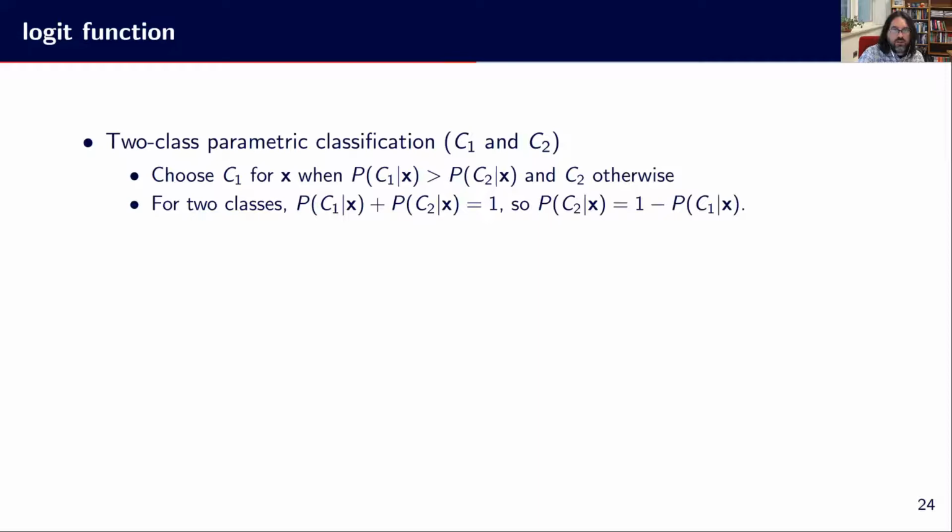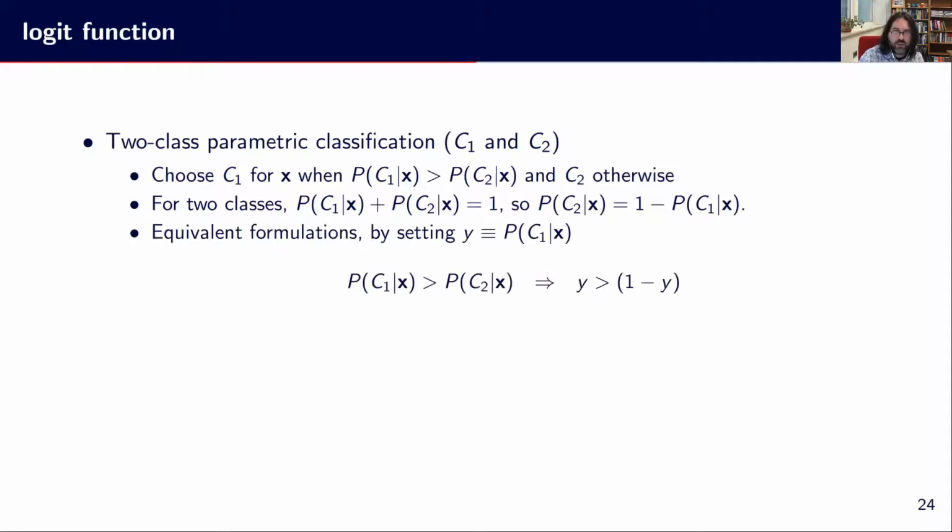So knowing that necessarily for two classes, P of C1 given X plus P of C2 given X is equal to 1, we can get P of C2 given X is equal to 1 minus P of C1 given X. That's kind of basic.